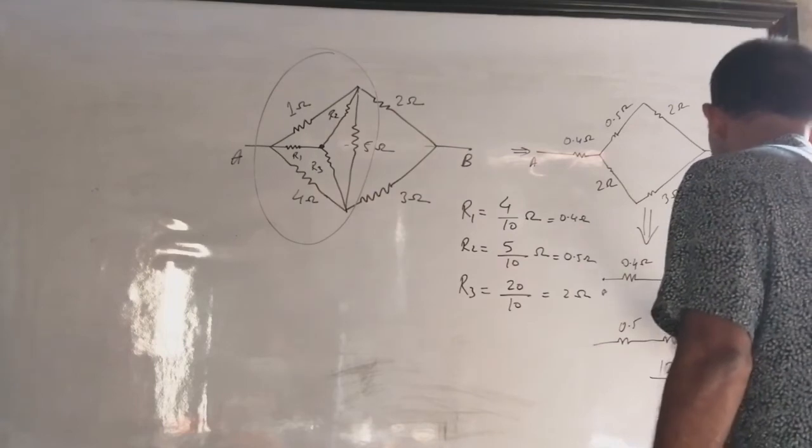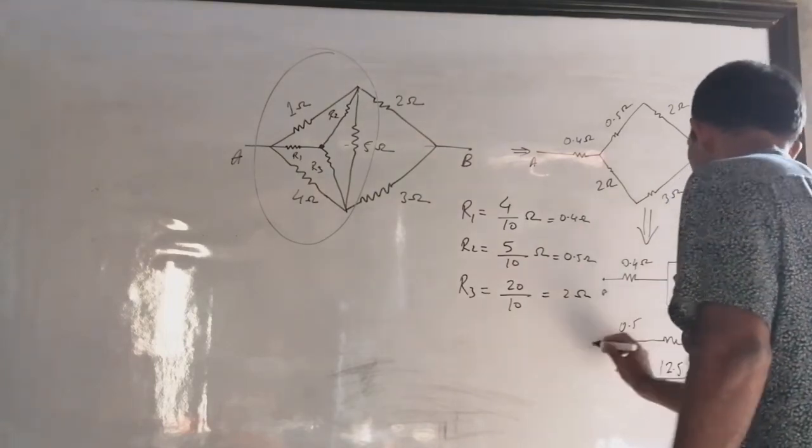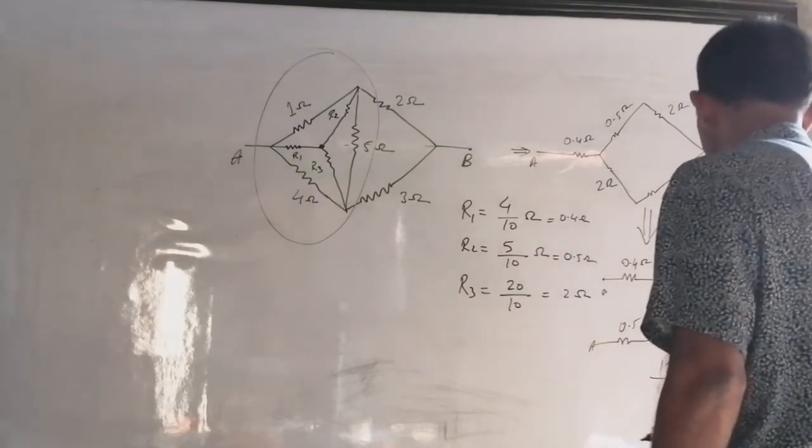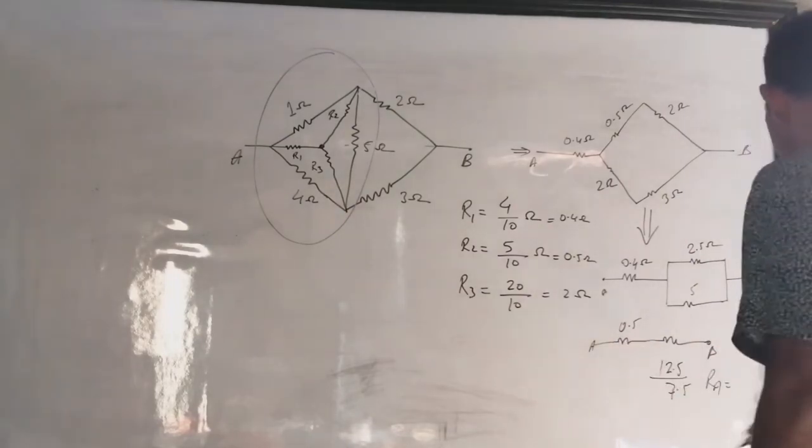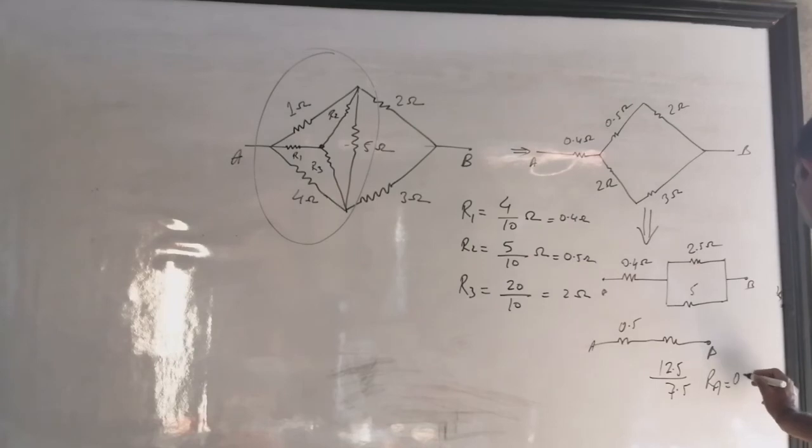And this is our resistance, and now this is A and this is B. Now you have to find RAB, and so RAB will become the sum of these two. So this becomes 0.5 plus 12.5 by 7.5, decimal you can cut it.